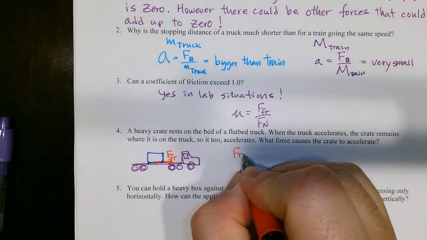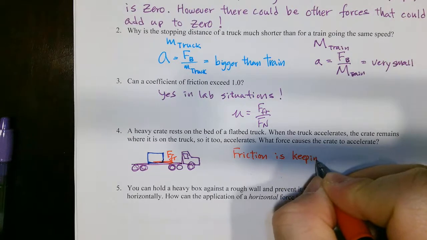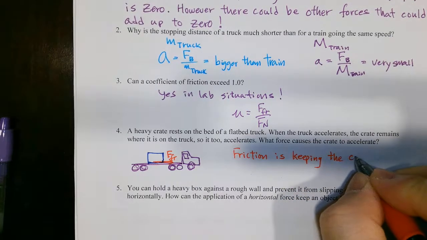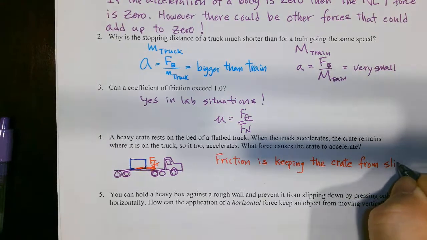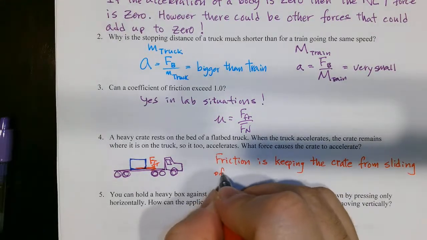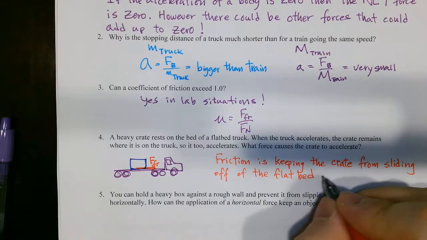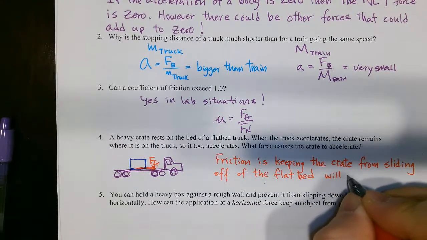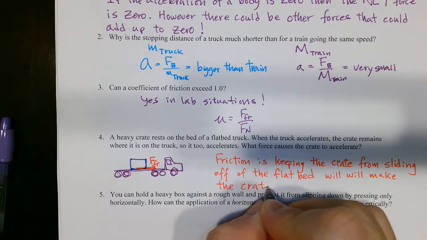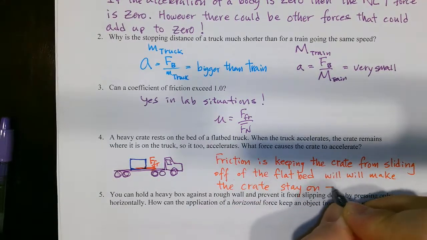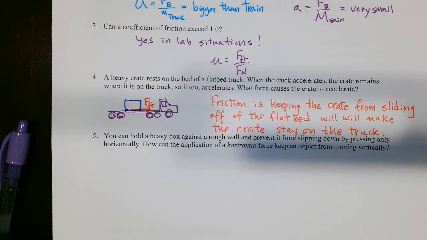So friction is keeping the crate from sliding off of the flatbed, which will make the crate stay on the truck. It's the friction. All right.